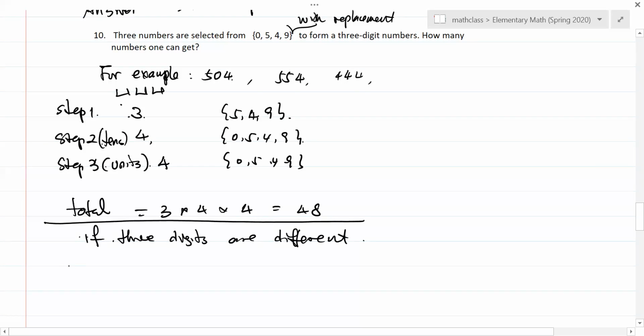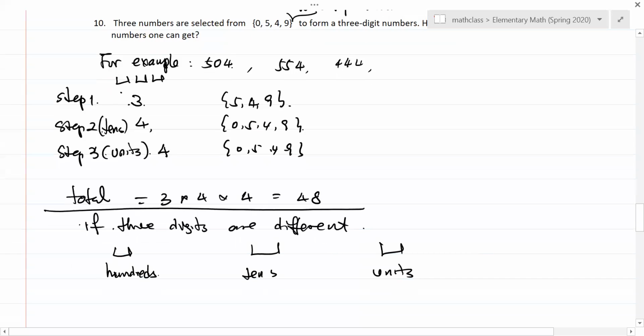Well, first of all, the hundreds digit, this is a tens digit, this is a units digit. Let's figure it out.